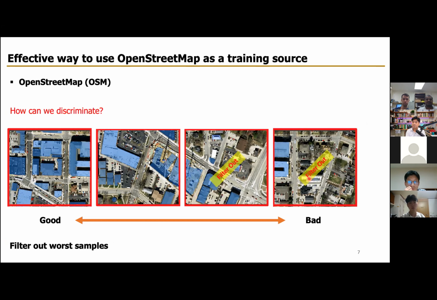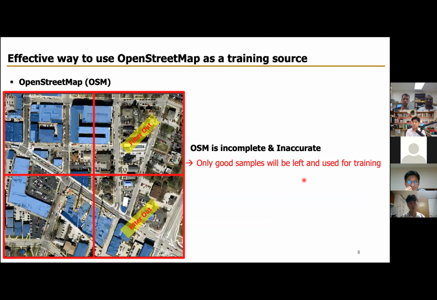By doing this, we believe the model can automatically filter out the corrupted samples, and at the end only good samples will be left. And the remaining clean samples will be used to train the deep learning model for a longer period.